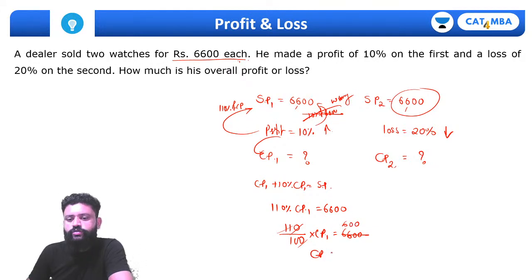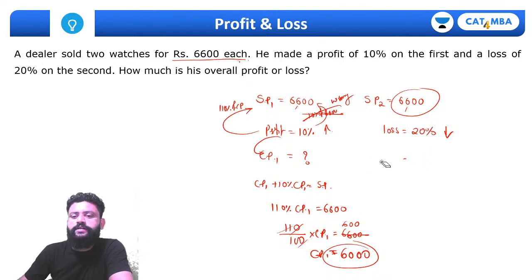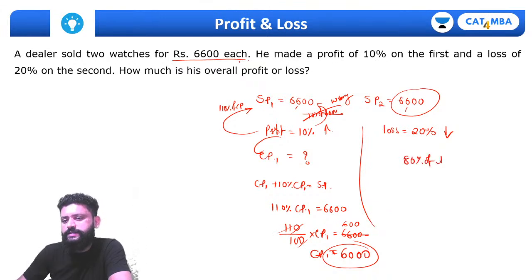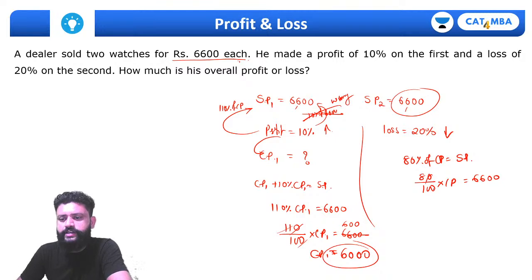Okay, so cost price 1 is 6,000. I'm not going to do all this step by step now. You should get the answer in a single step. A 20% loss on the second means 80% of CP is SP. So 80 by 100 into cost price is selling price, which is the same 6,600. To solve this question you need to just divide it by 80, that's it. It's not a tough calculation at all.